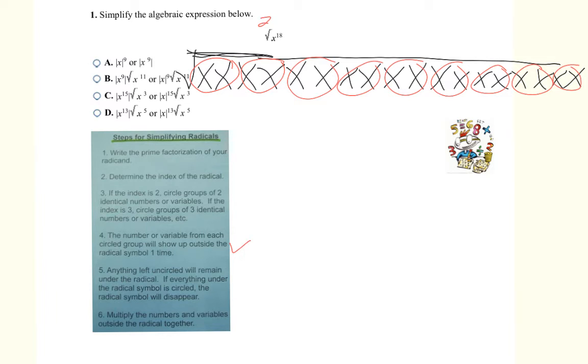And then step 4 says the number or variable from each circled group will show up outside of the radical symbol one time. So I have 1, 2, 3, 4, 5, 6, 7, 8, 9 groups. So that means I'm going to put 9 x's outside of the radical symbol.